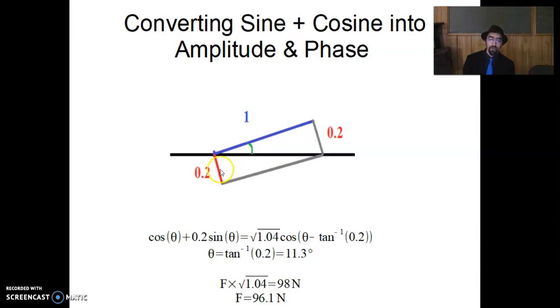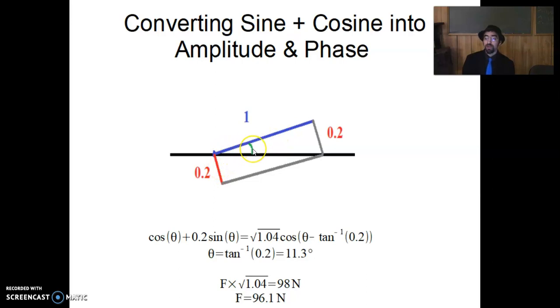One of magnitude 1, one of magnitude 0.2, and I want to set it up such that the x-coordinate of the blue diagonal line is going to be 1 times cosine theta, and the x-coordinate of the red diagonal line is going to be 0.2 times sine theta. And you realize that I can do this if they start out perpendicular to each other.